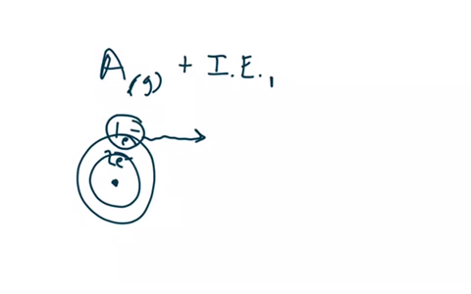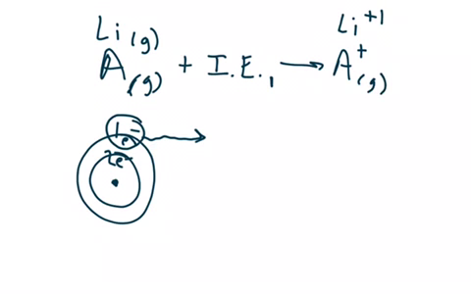We're going to call it the first ionization energy. And as a result, lithium, our atom in the gas phase, will now become an ion. So lithium will become +1. It'll still be a gas. And the electron that was removed is shown over here. So that would be an example using lithium.